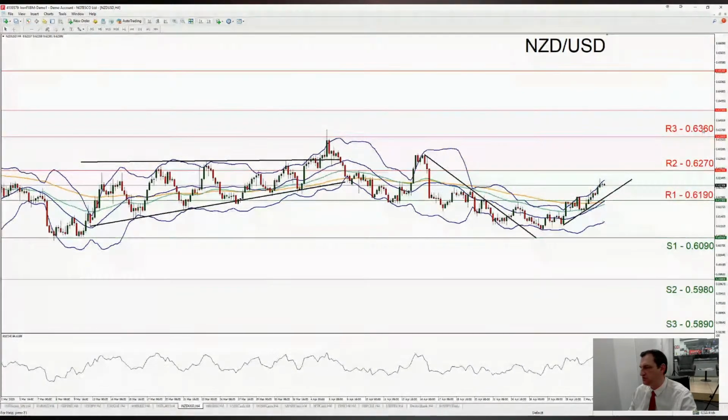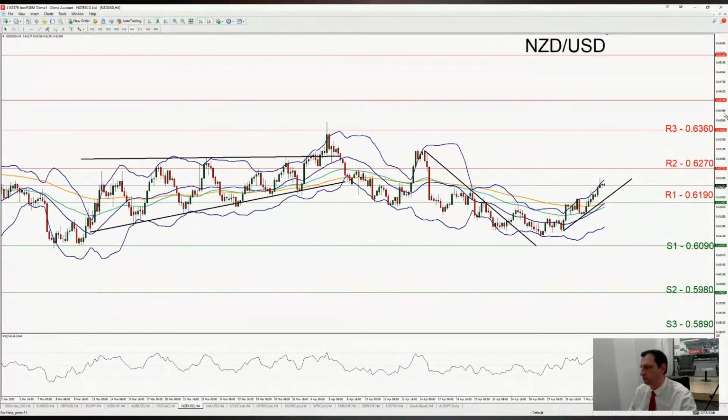Let's readjust the charts. Give me a sec, because we had some interesting releases from New Zealand during today's early Asian session.